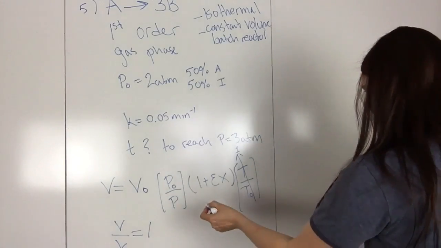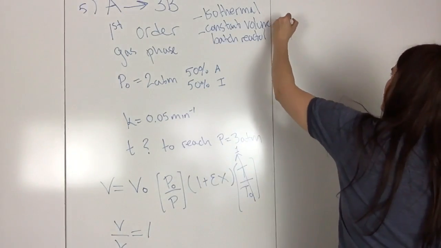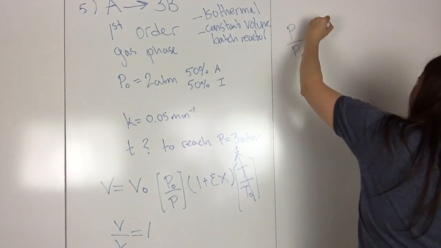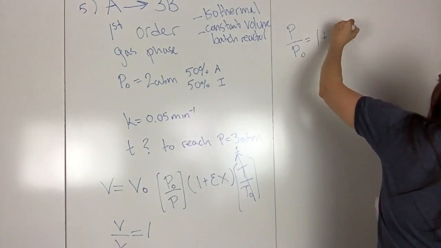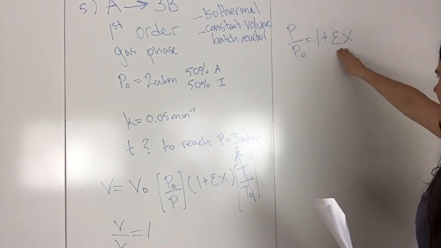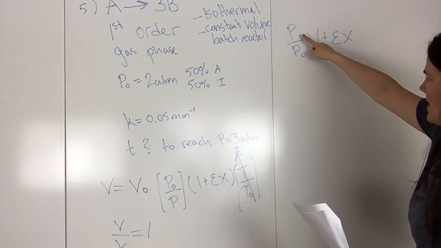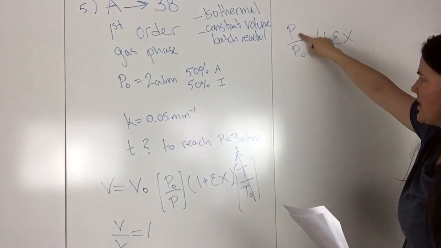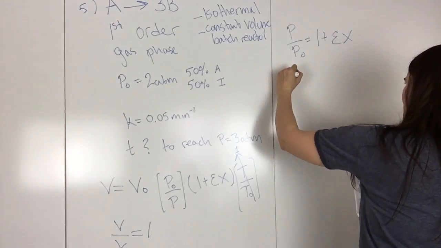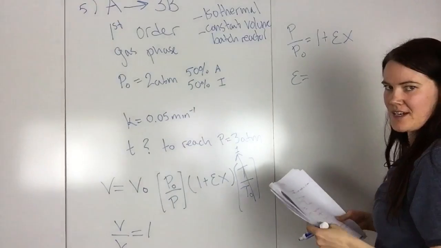And so we're left with P over P naught is equal to 1 plus epsilon X. And so then we can just figure out what these are. We already know the final pressure, we know P naught. So we need to figure out what epsilon is so we can solve for X.